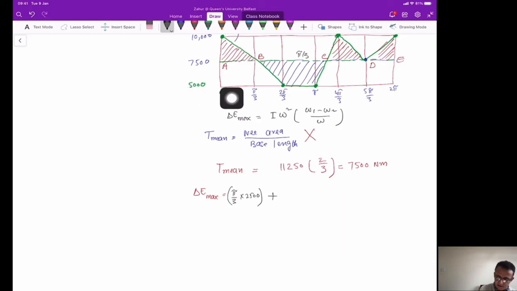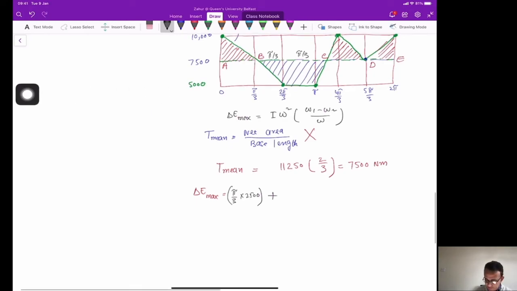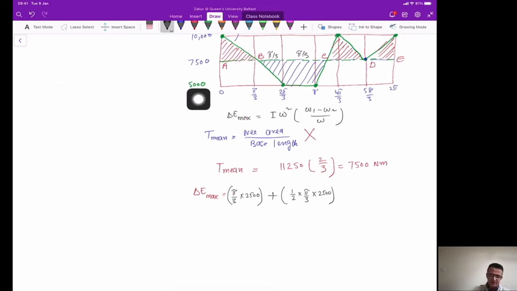And then for this triangle here, the base of the triangle is pi by 3 and the height of the triangle is 2500. So you can calculate its area, which is half times pi by 3 times 2500. So this is the area of this triangle here.